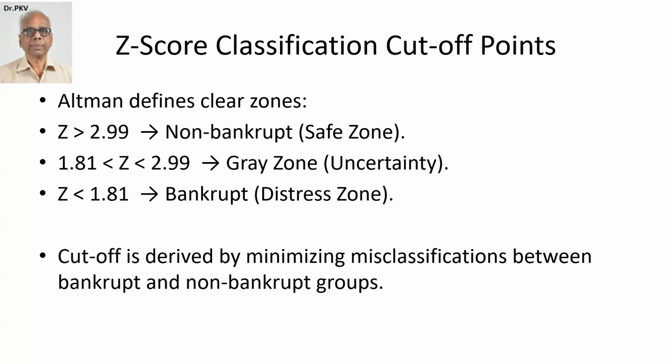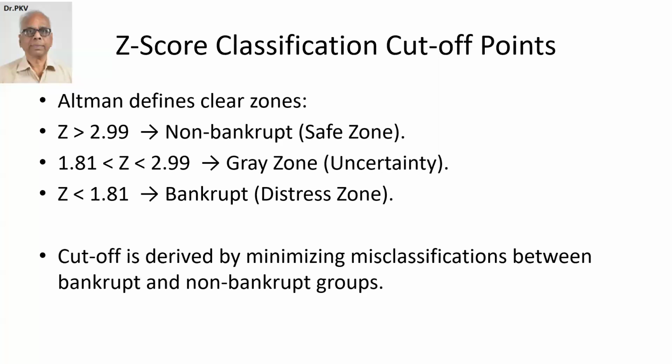And if Z is less than 1.81, it is bankrupt, called the distress zone. So safe zone, uncertainty or gray zone, and distress zone. The cutoff is derived by minimizing misclassifications between bankrupt and non-bankrupt groups.